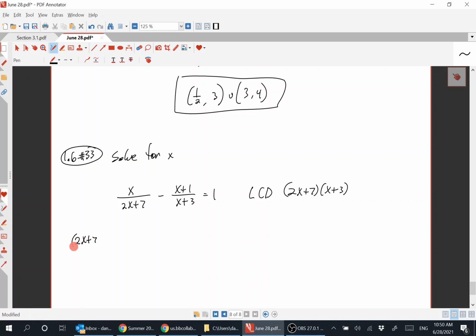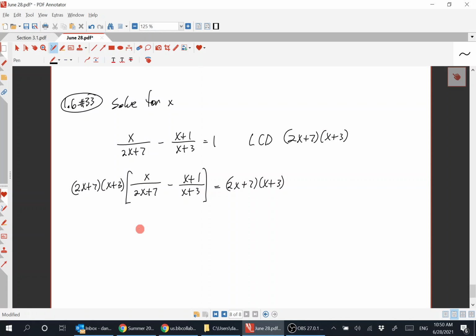So 2x plus 7 times x plus 3 times the whole of x over 2x plus 7 minus x plus 1 over x plus 3. Then on this side you just have 2x plus 7 times x plus 3.